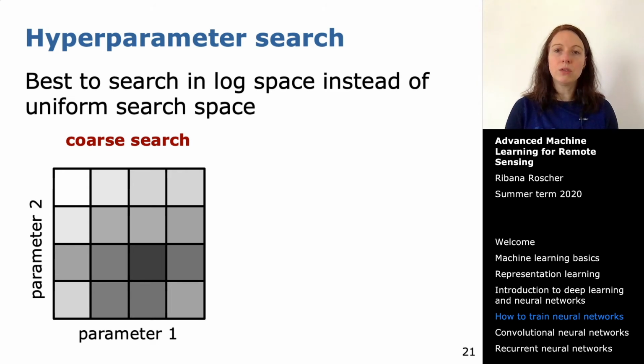When you do a coarse search, you can see here that low values are indicated in dark colors and high values in bright colors. And when you have all these combinations of parameter 1 and parameter 2, you get this result of the grid search, and you have one area which shows low values.